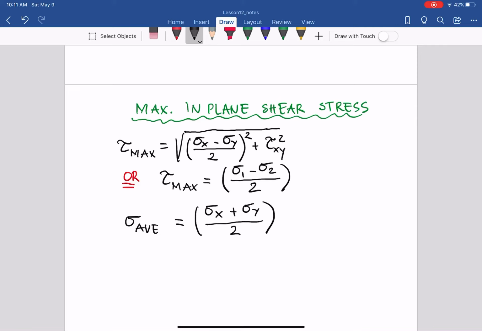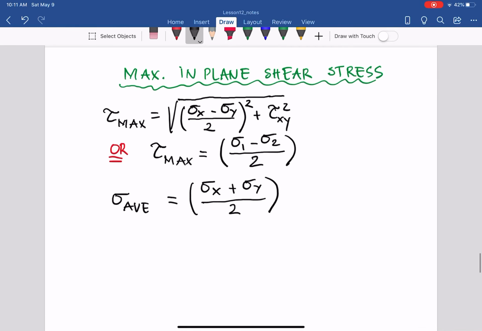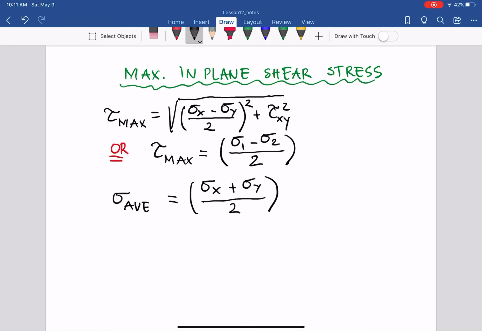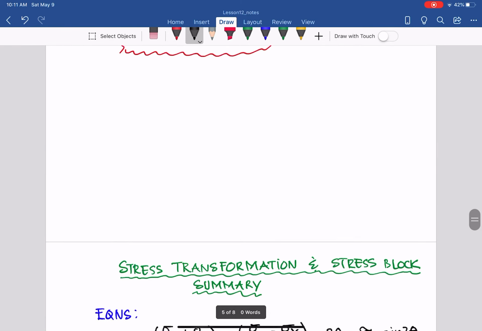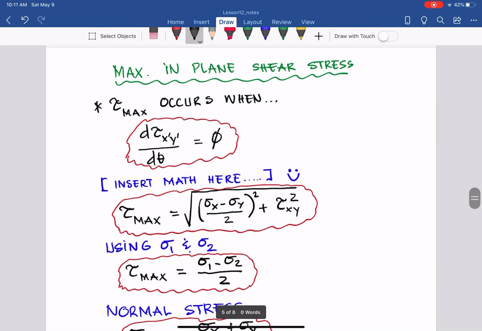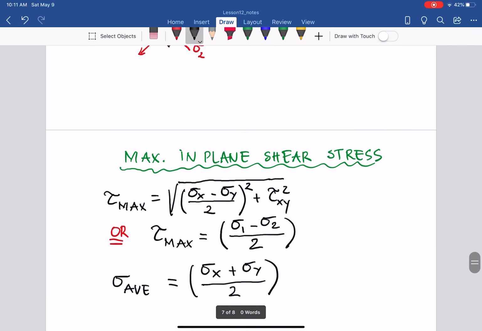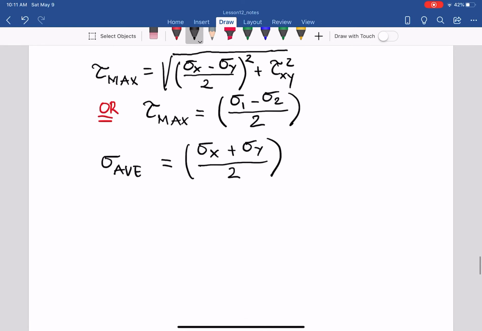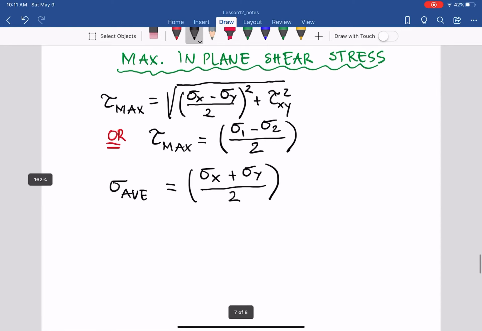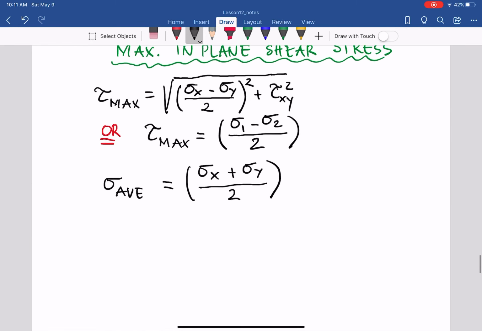That is sigma average. And the plane that defines the maximum stress, we call it theta s, as you have seen previously in maximum in plane stress. Let me write down what angle we are talking about for theta s.